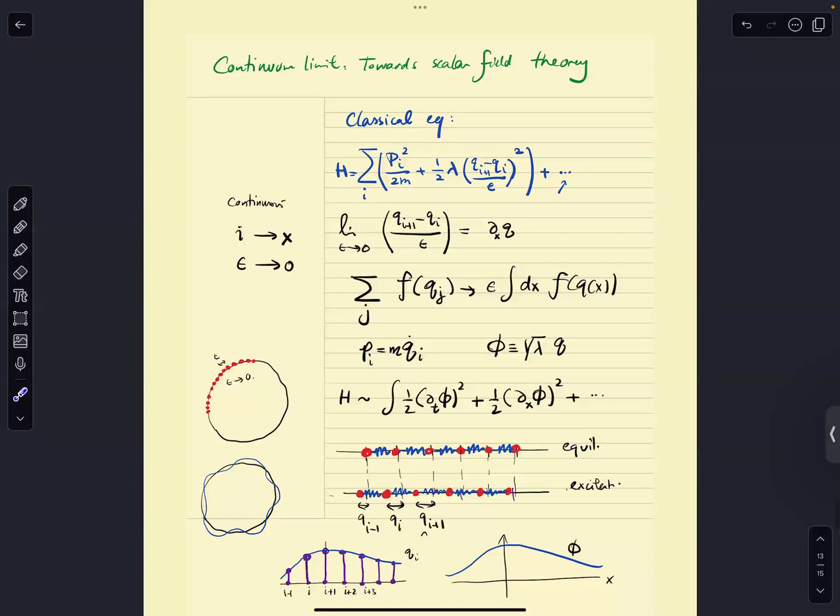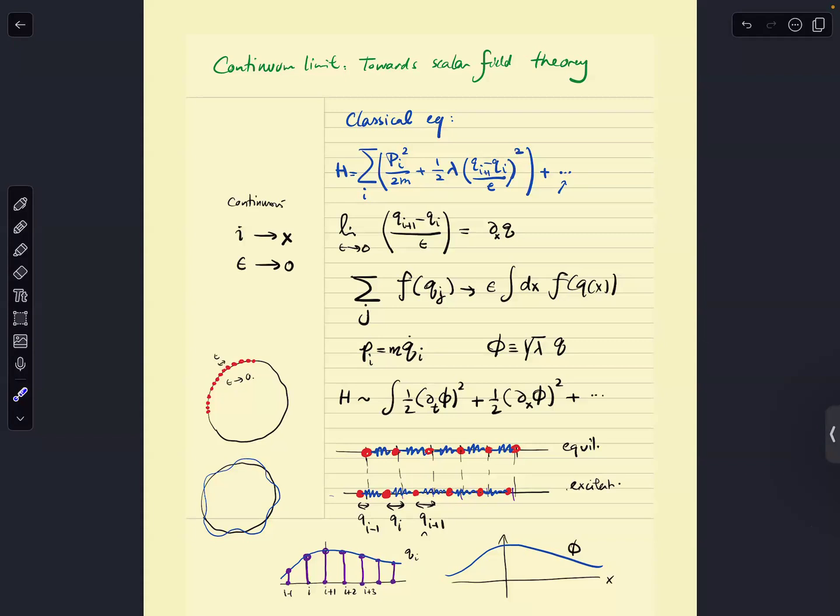So now, in the remainder of this lecture, I'm just going to talk about the continuum limit, because that's the direction we're moving towards. And this is actually the last time I talk about the lattice model. The remainder of this course and the next semester is all going to be continuum limit.